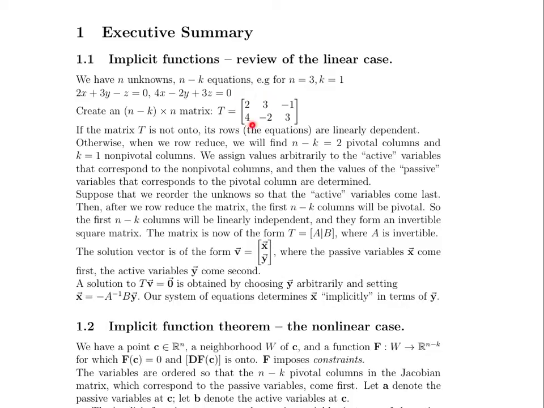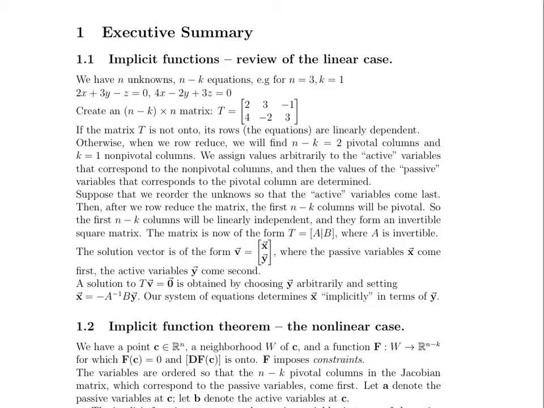There would be this little submatrix here, this square guy right here, that forms an invertible square matrix. And so now the matrix is broken down into a form where we have a square matrix A right here. Not only that, but it's all of the passive variable information, so it's all the pivotal ones there. A is invertible, B is not.